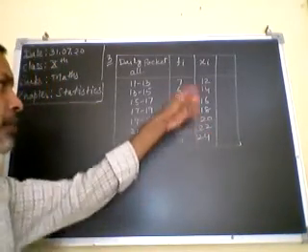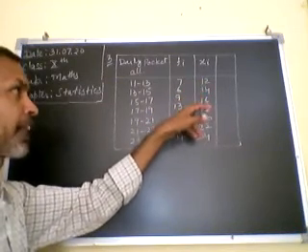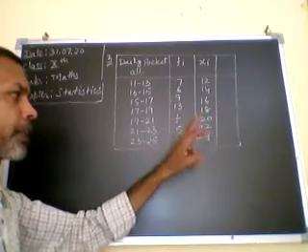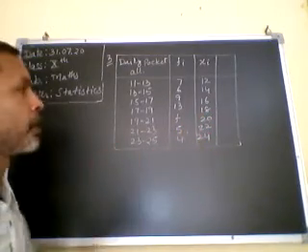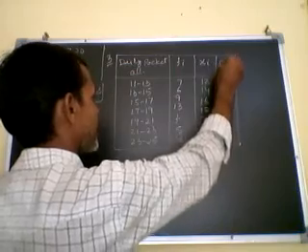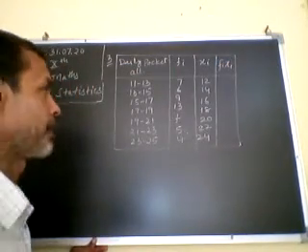We use the pattern because from 12 to 14 is plus 2, so the next class marks are 16, 18, 20, 22 and 24. Now we have to find fi into xi, the product of frequency and variable.